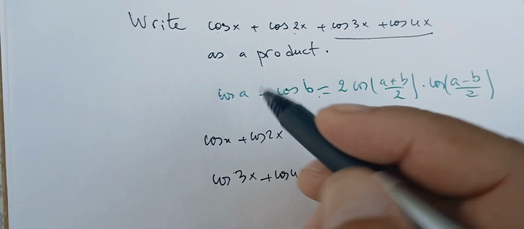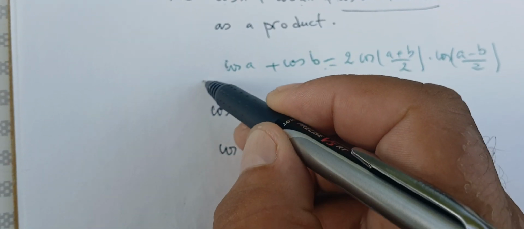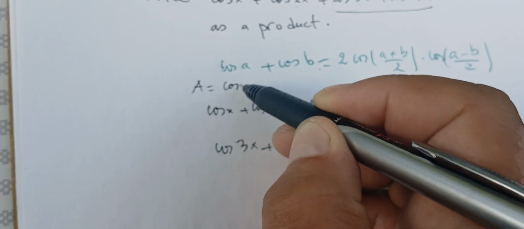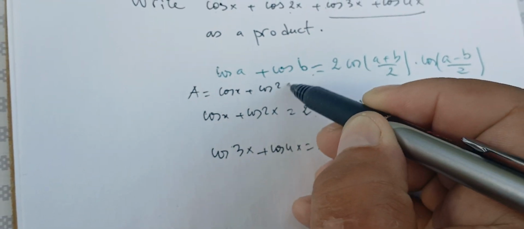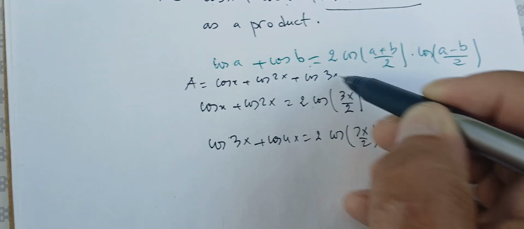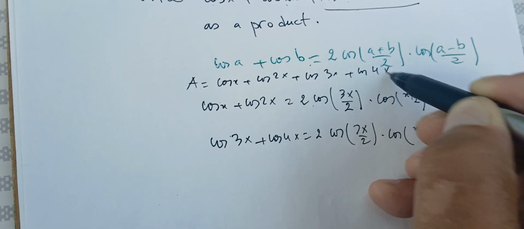So let me write it here. So a is cosine x plus cosine 2x plus cosine 3x plus cosine 4x.